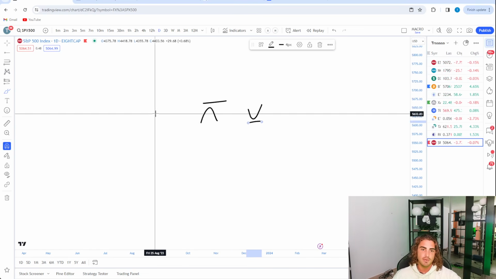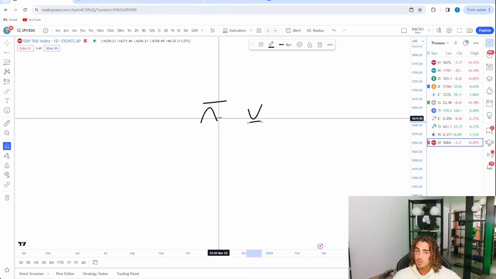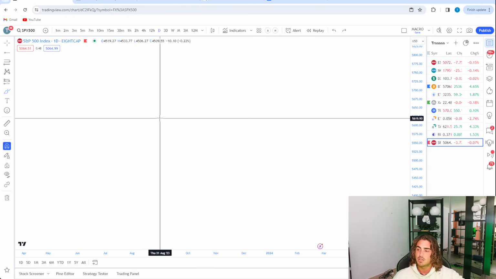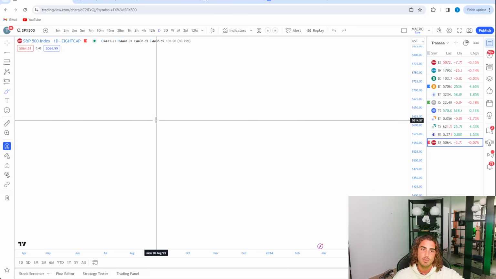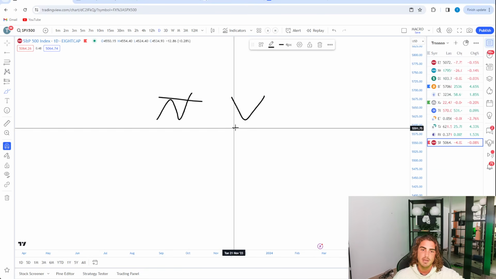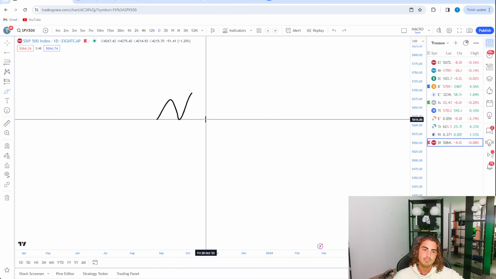So, if we think about liquidity and change of direction within the market, we know that large orders could potentially be filled above highs and below lows.